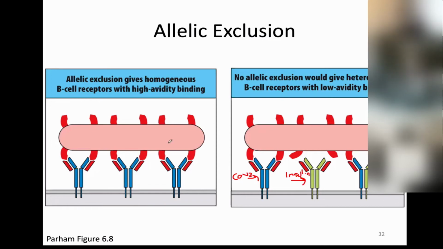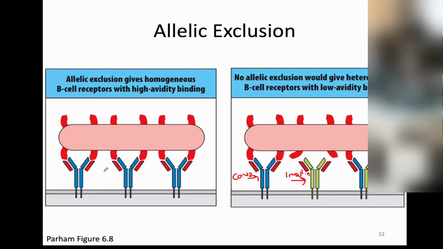We need our B cells to only make one antibody and one B cell receptor. And this also would be a problem because you wouldn't get very strong binding to that SARS-CoV-2 antigen, which is kind of what they're trying to show in this figure, because you'd only have a small number of receptors on the surface that could bind it.